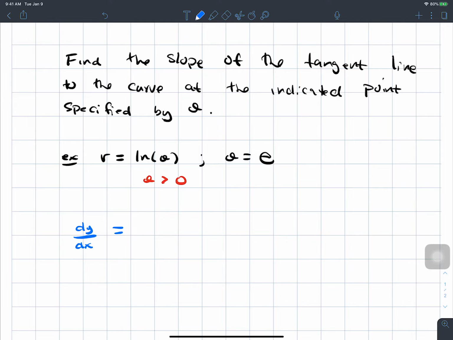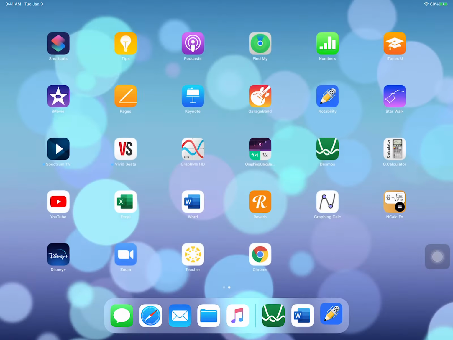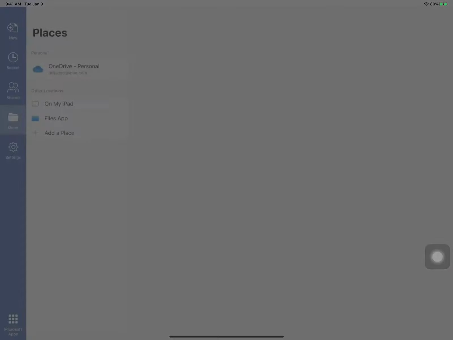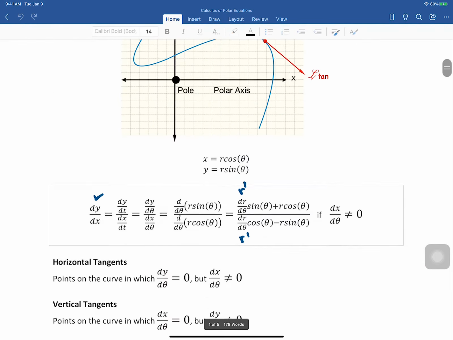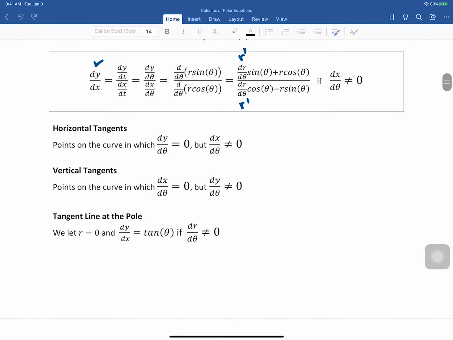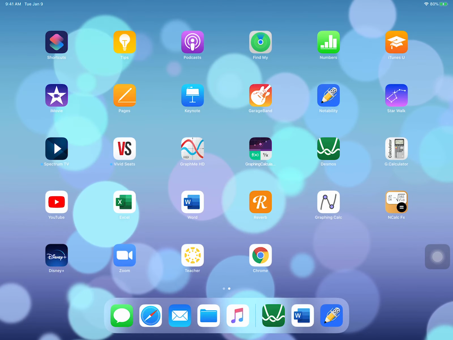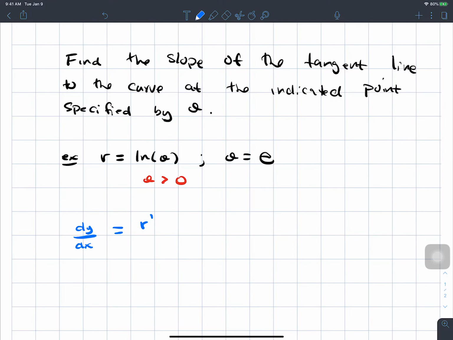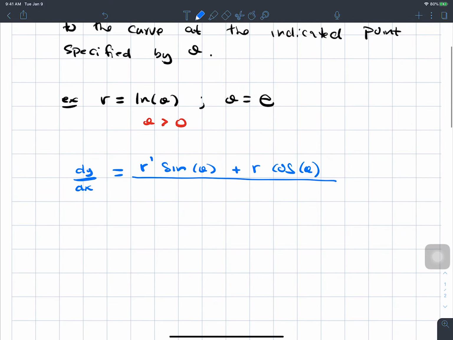Okay, so dy/dx, if you go back, r prime sine theta plus r cosine theta. And then we have r prime cosine theta down here minus r sine theta.